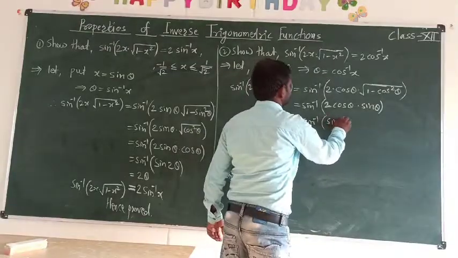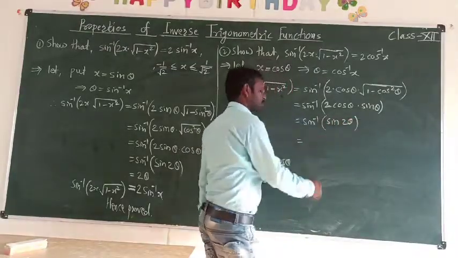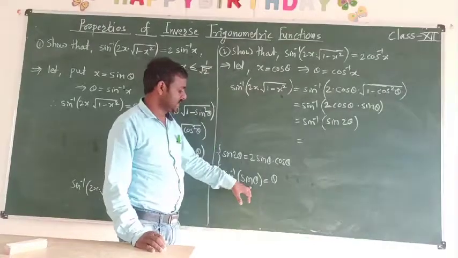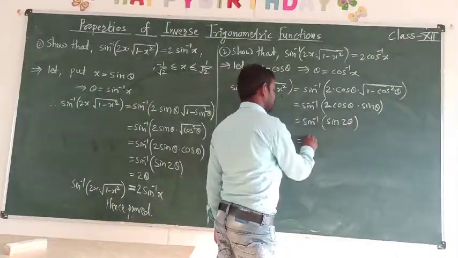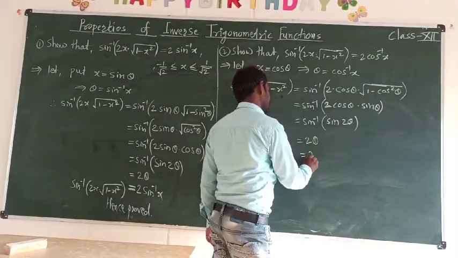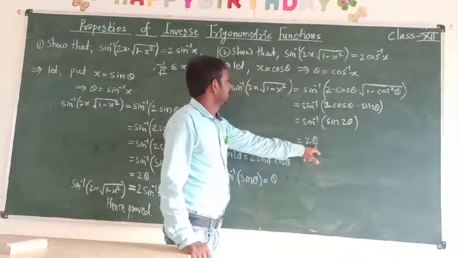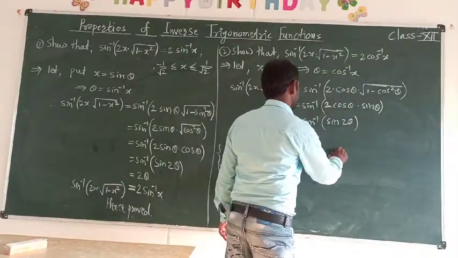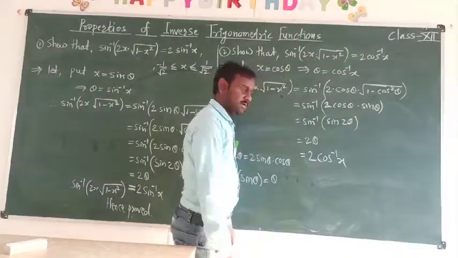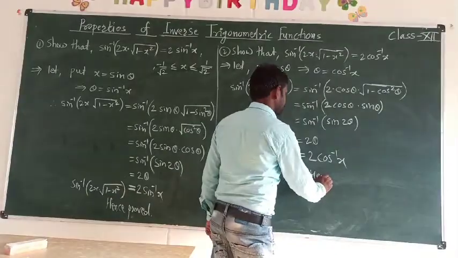By the property sin inverse of sin theta equals theta, sin inverse of sin 2 theta gives 2 theta. Replacing theta by cos inverse x, we get 2 cos inverse x. Hence proved.